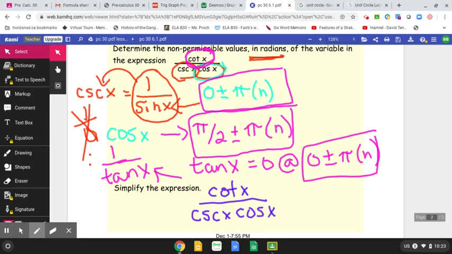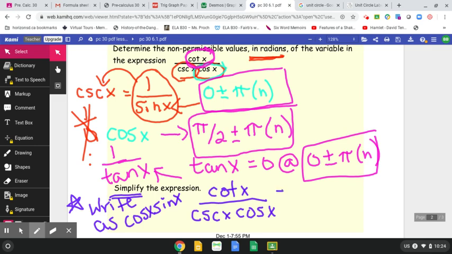Now my hint to you whenever you are to simplify something is write in terms of cos and sine. You don't want to see tan, you don't want to see cotangent, you don't want to see your reciprocal identities, just write as cos or sine.